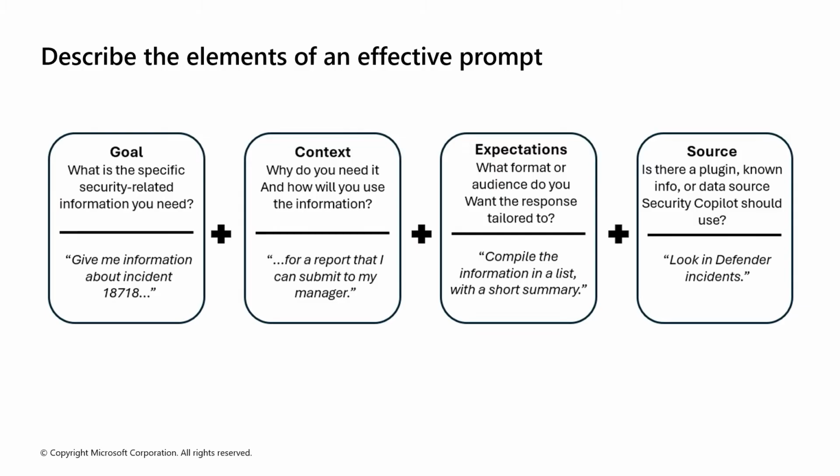Make sure you are clear with your expectations, like the format or who the response is for, and mention any sources Copilot should use, like any known data or plugins. A few tips to keep in mind: be specific and concise. Try different versions of your prompt. Give enough context to guide Copilot. Use positive instructions and speak directly to Copilot by saying you.